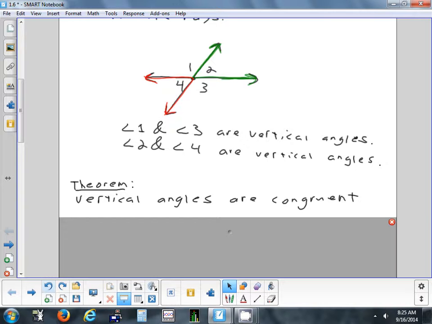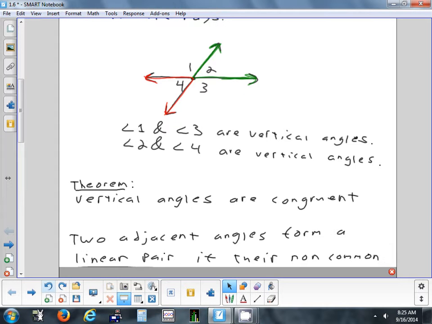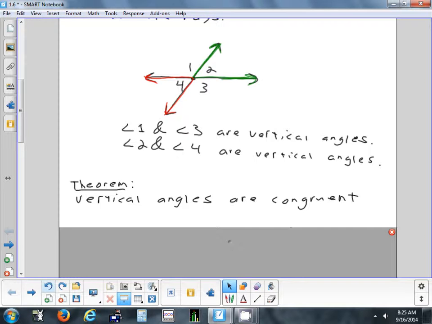So this is a theorem. Vertical angles are congruent. Vertical angles are congruent. Now, this is a theorem. What does that mean?